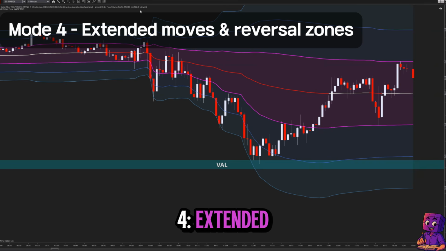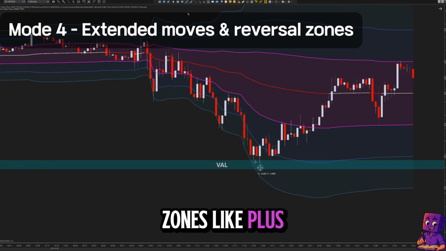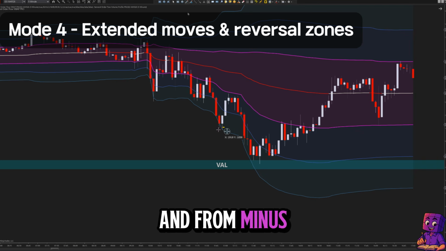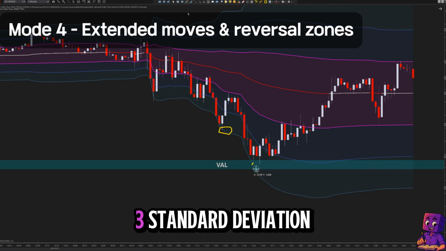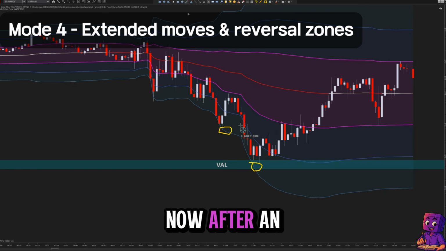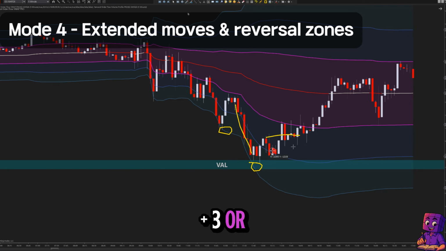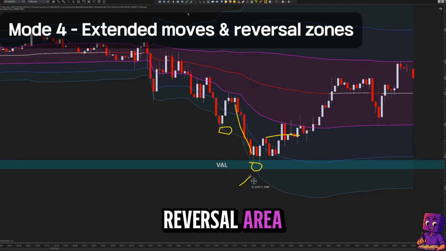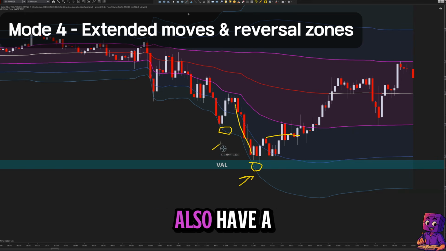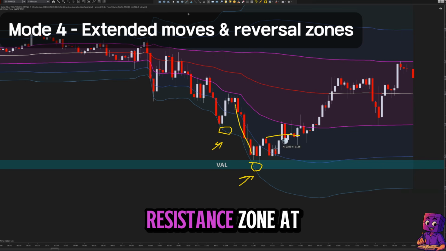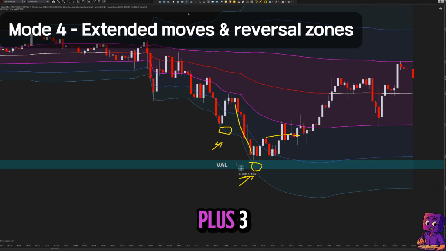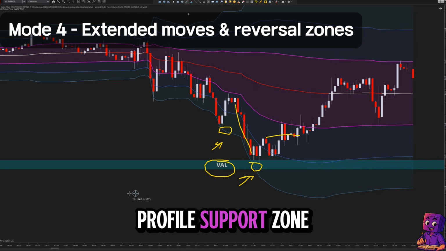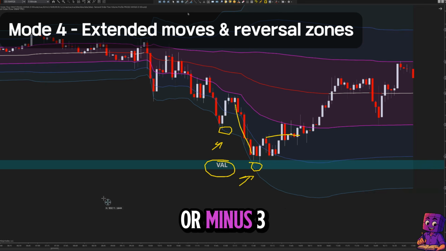Mode 4, extended moves and reversal zones, like +2 to +3 and from -2 to -3 standard deviation. Now, after an extended move and multiple waves, when the market is stretched or overextended, the +2, +3 or -2, -3 bands can become a nice reversal area, especially if you also have a volume profile resistance zone at +2 or +3, or a volume profile support zone at -2 or -3.